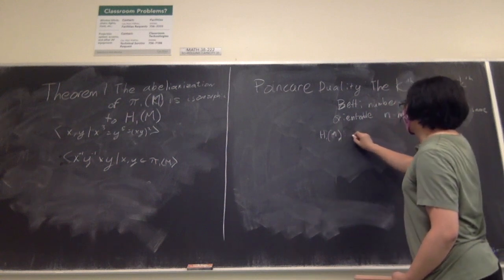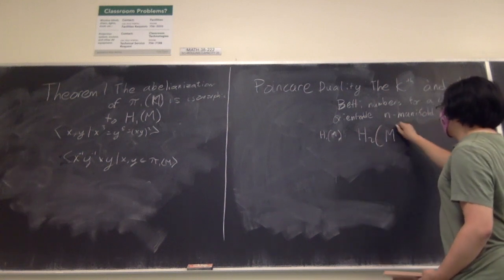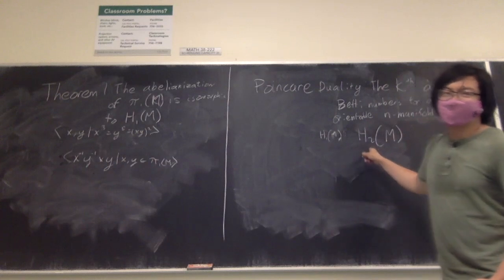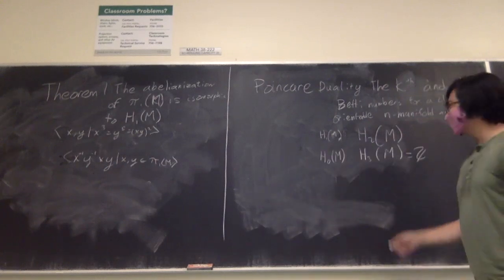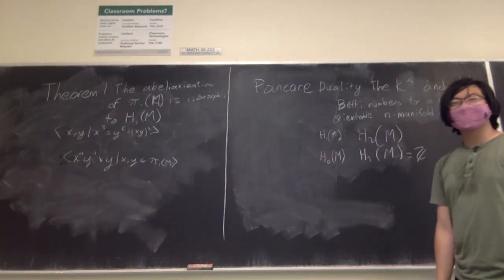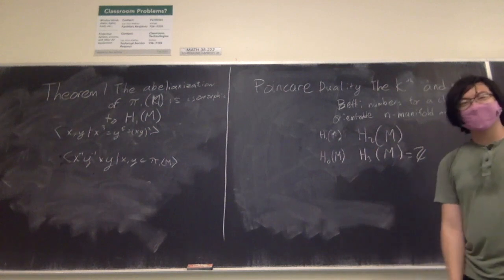And since H1 of M was trivial, H2 of M will also be trivial. That turns out to be equal to the normal 3-sphere. These homology groups are Z for H3 and 0 everywhere else.